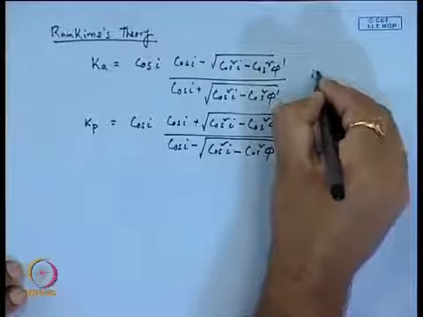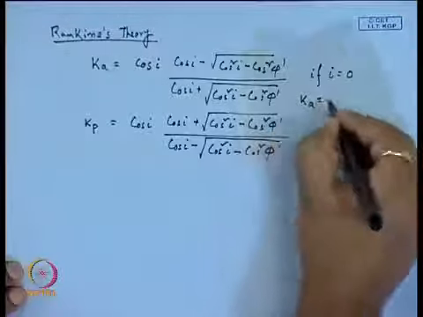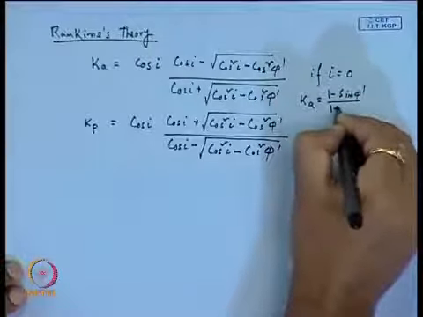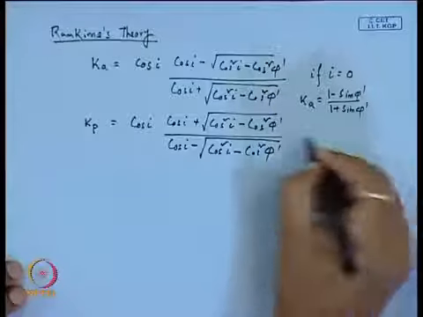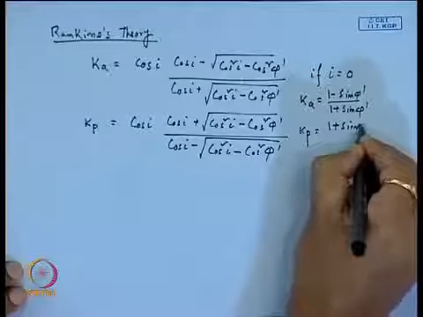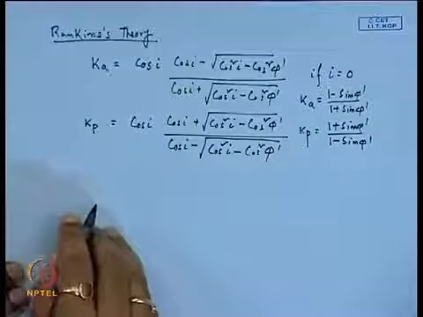Thus, if I is equal to 0, then K A for the Rankine case is 1 minus sin phi dash over 1 plus sin phi dash, and K P is just the reverse, 1 plus sin phi dash over 1 minus sin phi dash.